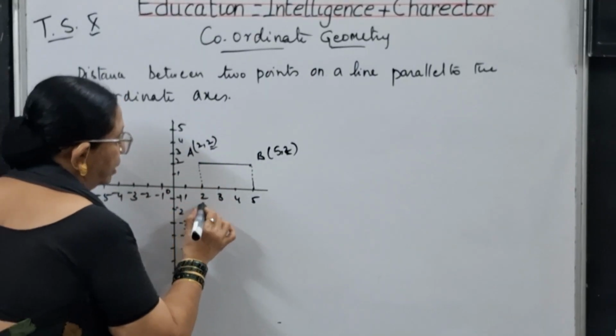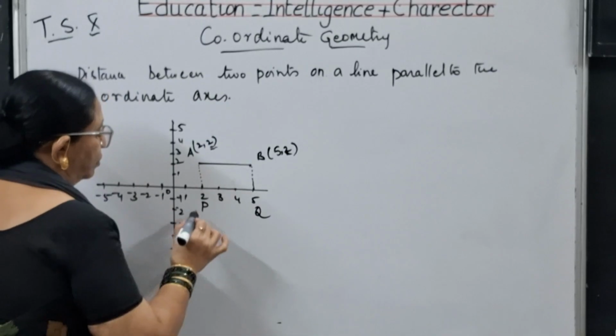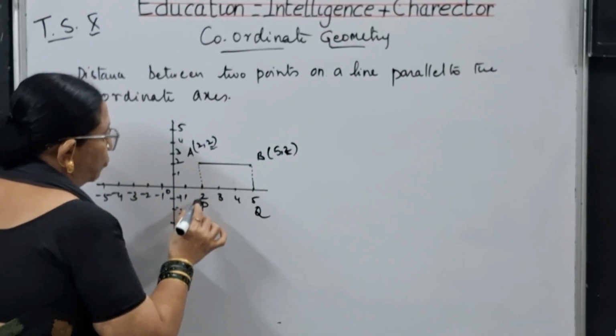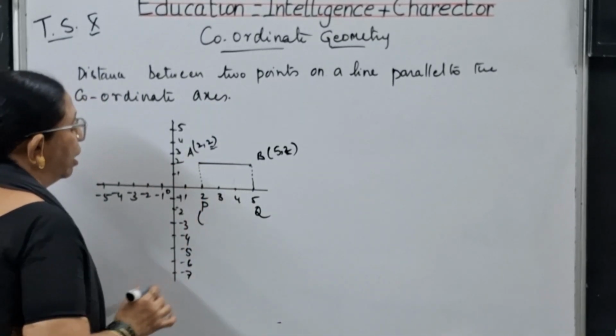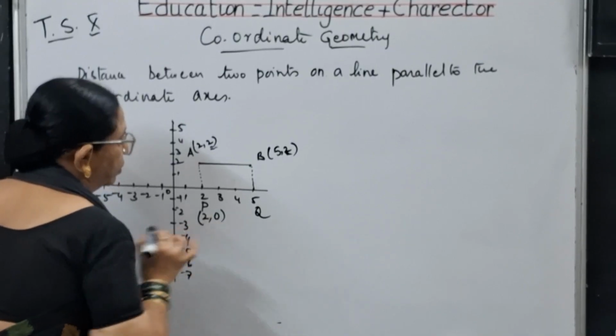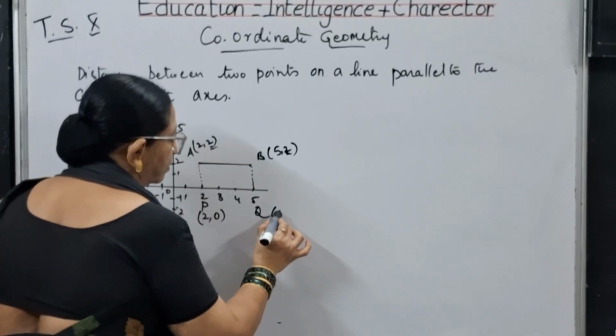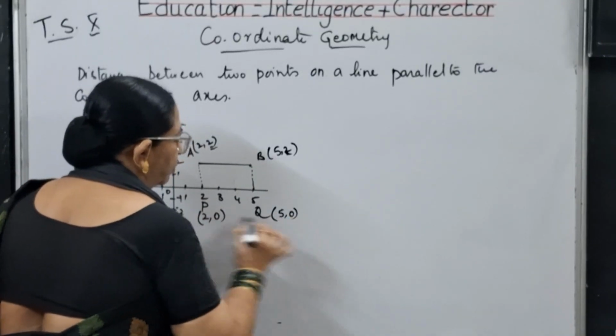So we have understood that this line AB is lying parallel to x-axis. So let me take this point as P and this point as Q. If it is P, what is the ordered pair here? X coordinate is 2, y coordinate is 0. Then what is Q? Q is having x coordinate as 5, y coordinate as 0.